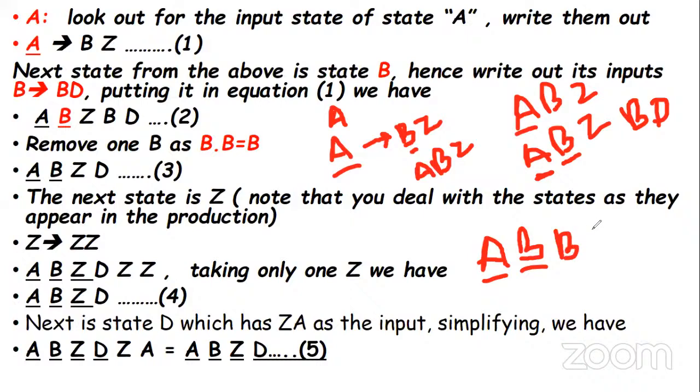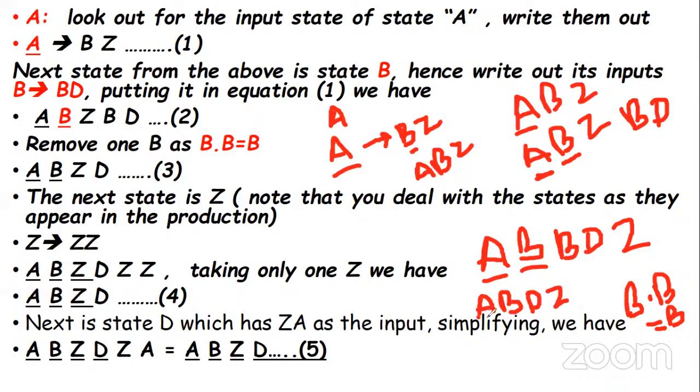B, D, then you put the last guy here, Z. However, you have two B's, so using the law of Boolean algebra, B dot B equals B. So you just choose one of that. So you have A, B, one B has gone, so you have D and Z.